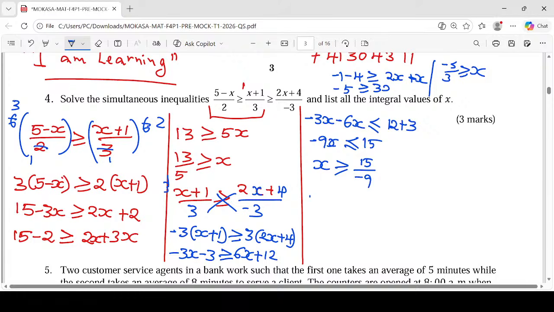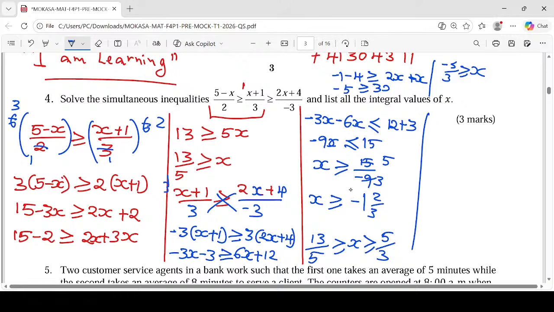When you simplify this, this will be negative 1 whole number 2 over 3. So when you combine this, we are going to have 13 over 5 is greater than or equal to x, which is greater than or equal to 5 over 3.